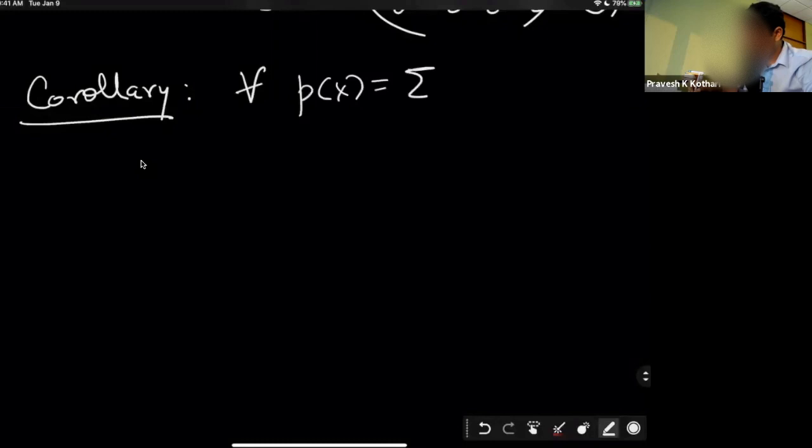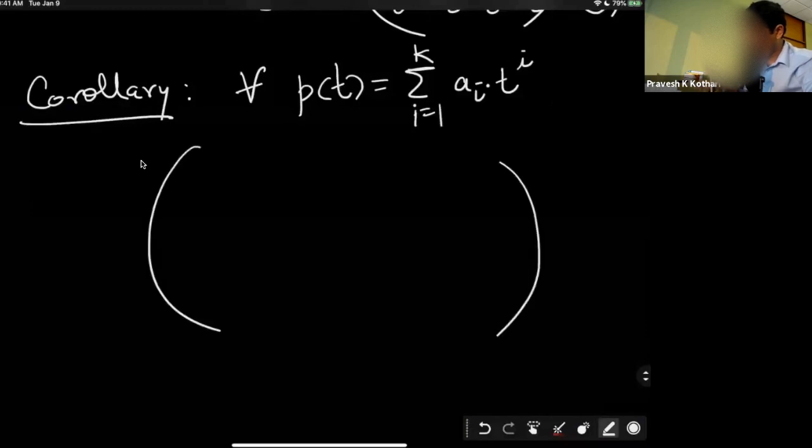So, corollary: for all polynomials P(t) equals the sum from i equals 1 through, let's say, degree k, of a_i t to the i, let's call it t because we keep using x elsewhere, the following matrix is PSD.